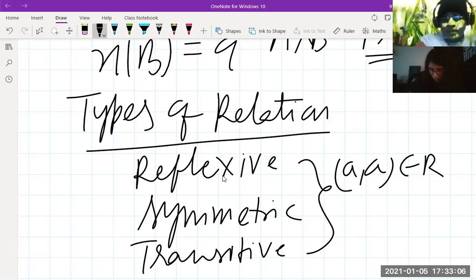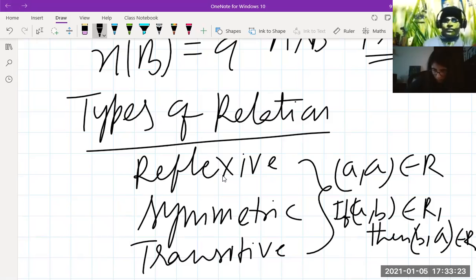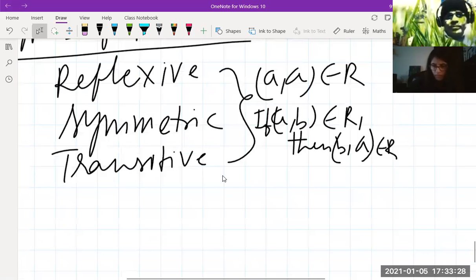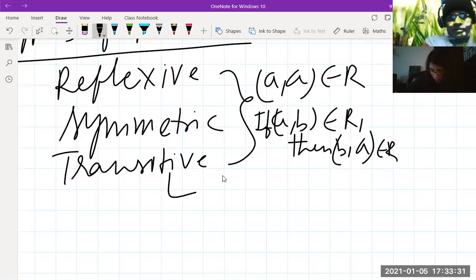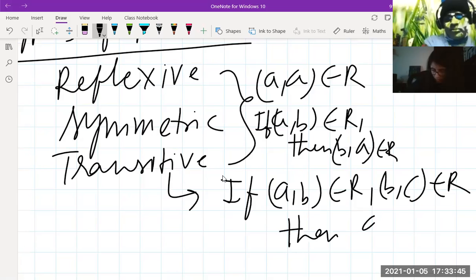Symmetric relation: if (A, B) belongs to R, then (B, A) also belongs to R. Transitive relation: if (A, B) belongs to R and (B, C) belongs to R, then (A, C) also belongs to R.